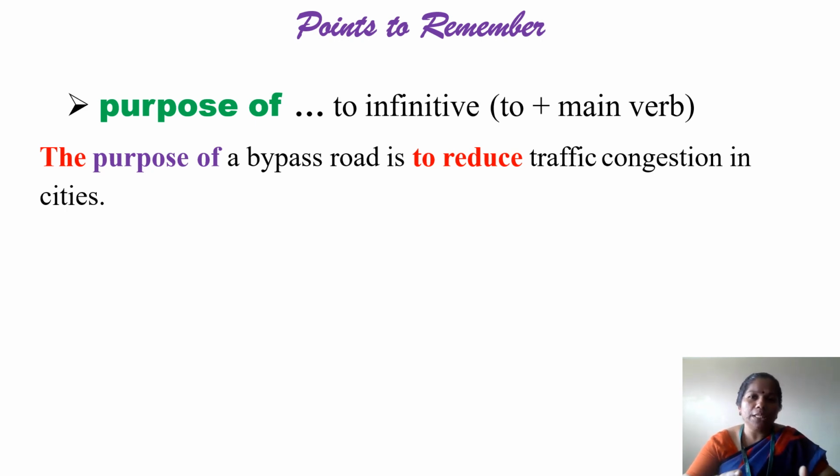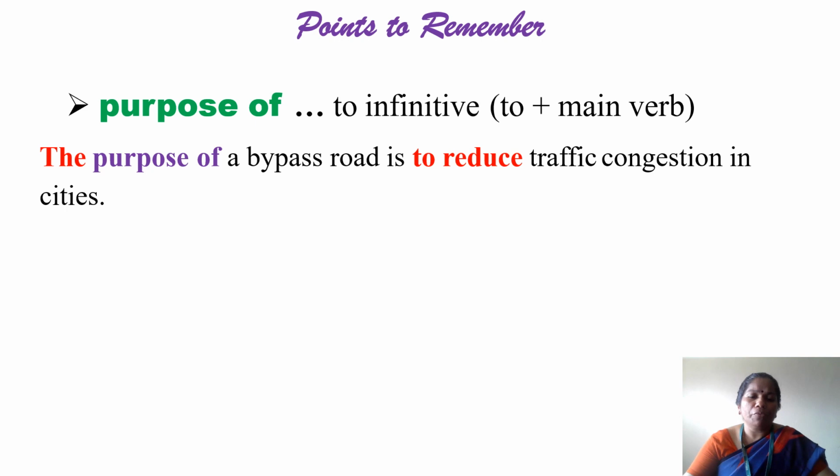Infinitive with to is equal to to plus main verb. Infinitive without to is just a main verb without to. So here, while using the purpose of connective, this connective has to grammatically agree with the infinitive form of a verb. Understood? Let's see the example now.